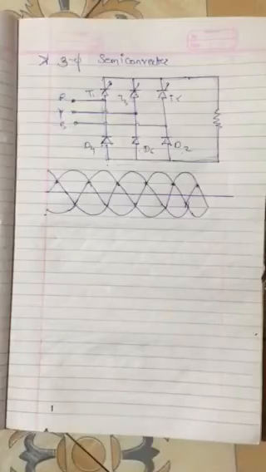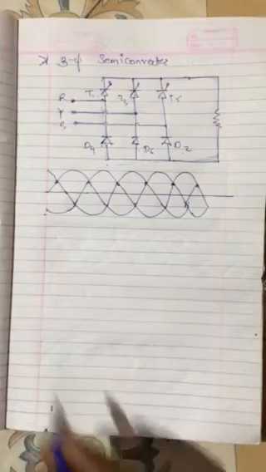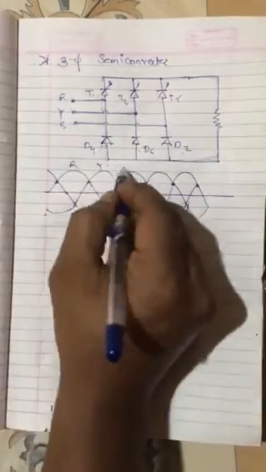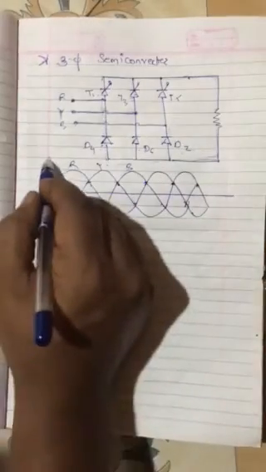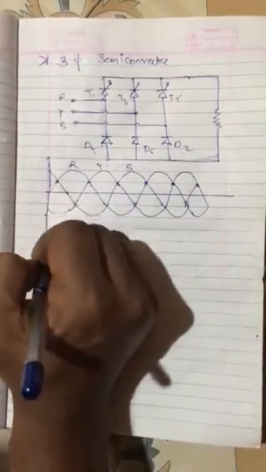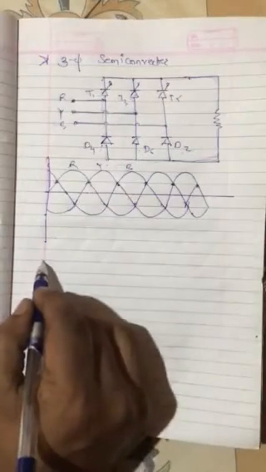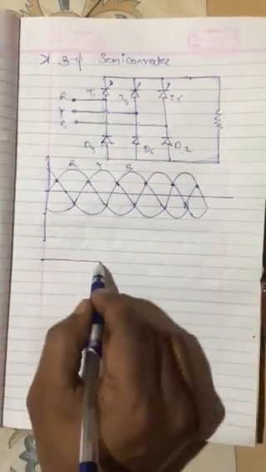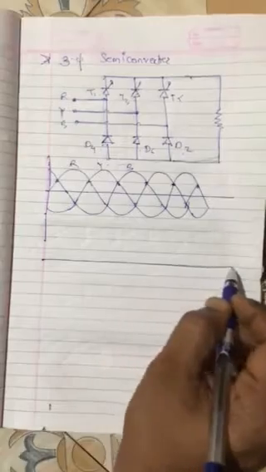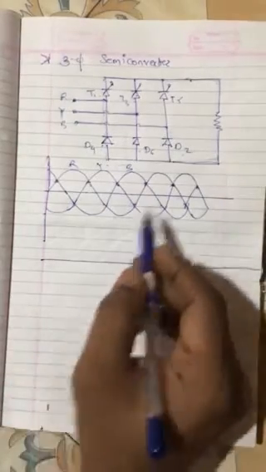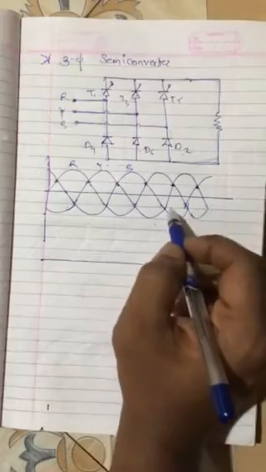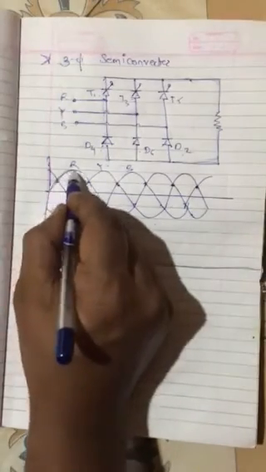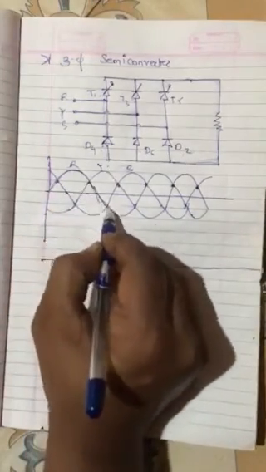Okay, so this is the waveform, R, Y, B. These are the phase voltages. When we draw the line voltages, the waveform will be a little bit complicated. These are the input waveforms. We have not derived this waveform, so don't get confused about how it comes. It comes because this is the sine wave for R phase.